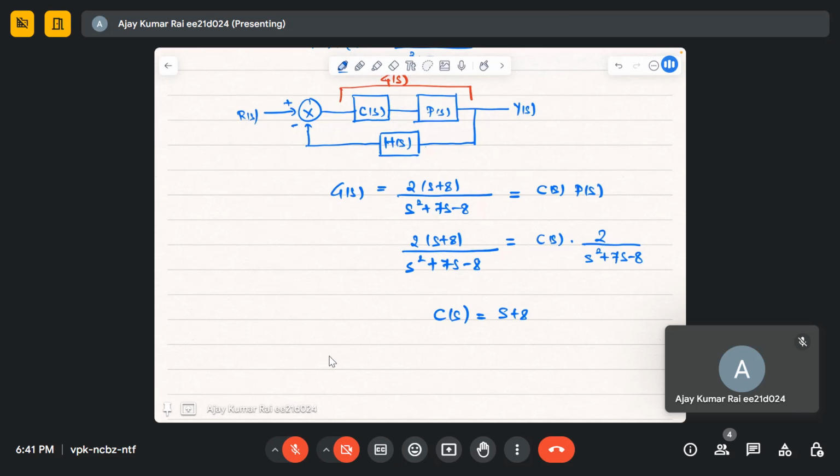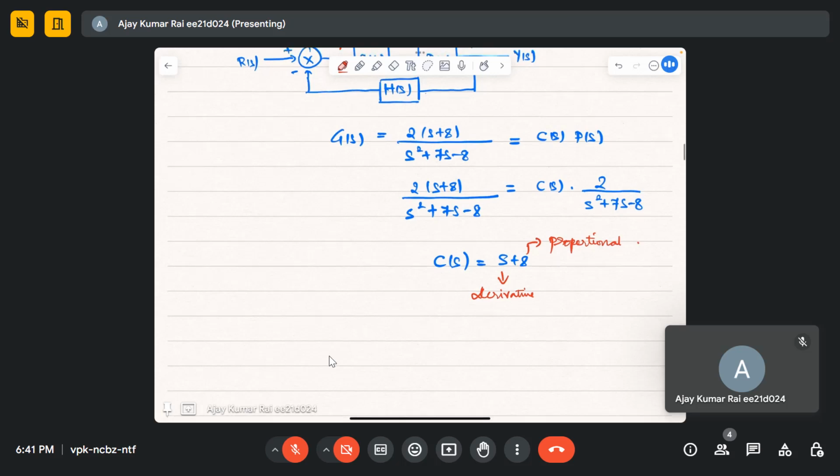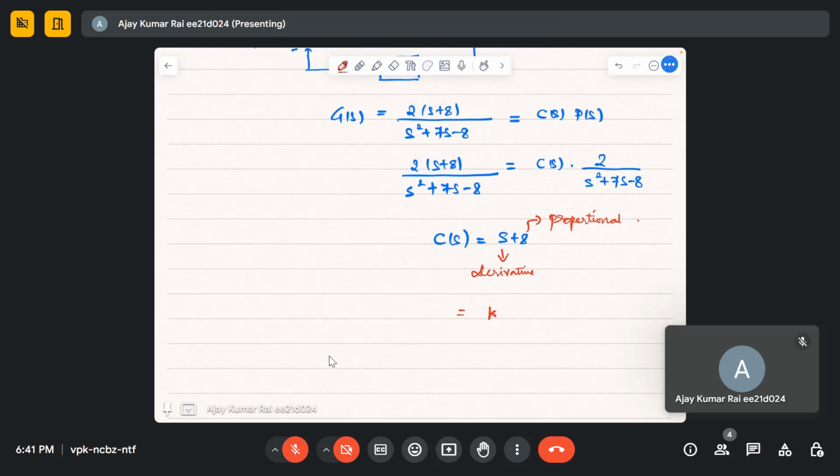So what can you say about what type of controller this is? We have an s term and a constant term. This term is like a derivative term, right? And this is the proportional term. If you remember, the proportional derivative controller, how we used to write it: Kp plus Kd into s, right?